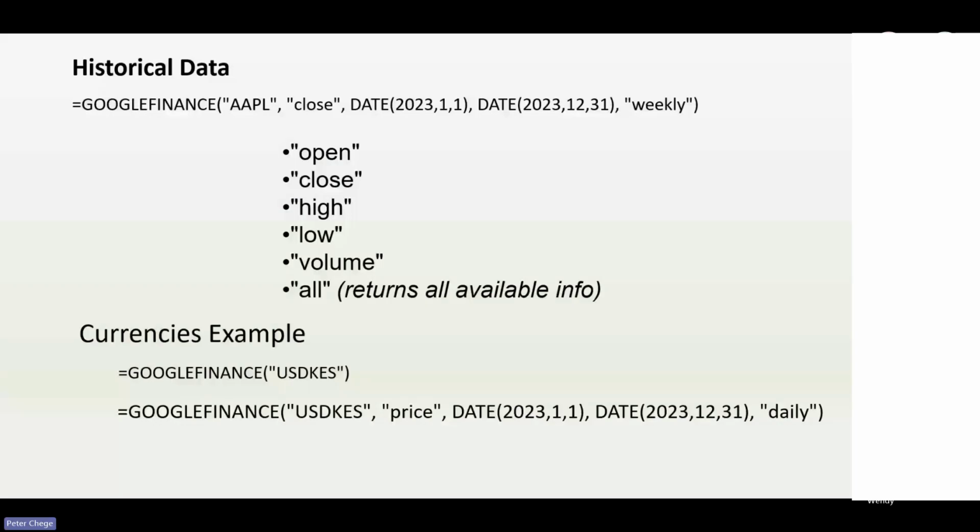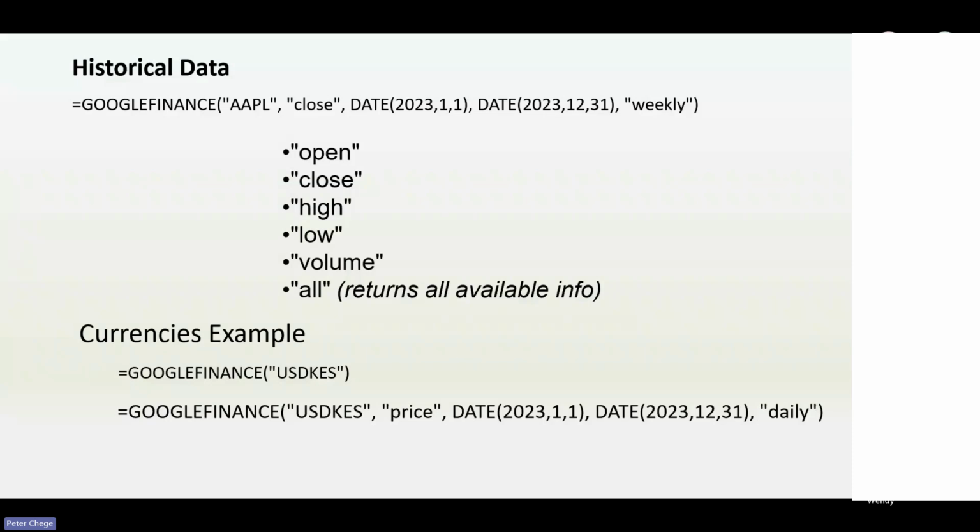As I said, you can also use this formula to play around with the exchange rate. You can see the formula there. Still GOOGLEFINANCE, you can get the current rate of USD cash, and even daily. The same way we have done historical, let's say you want the historical data of USD against Kenya shilling or USD against Euro.